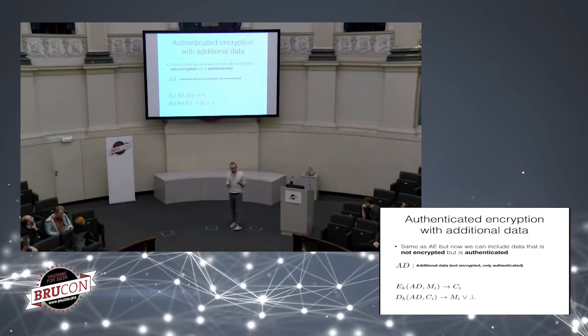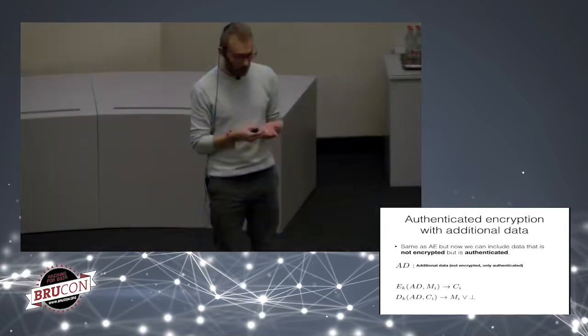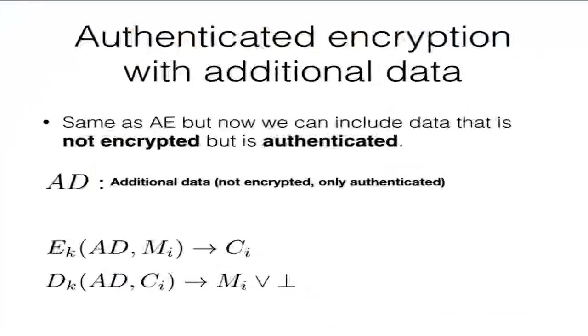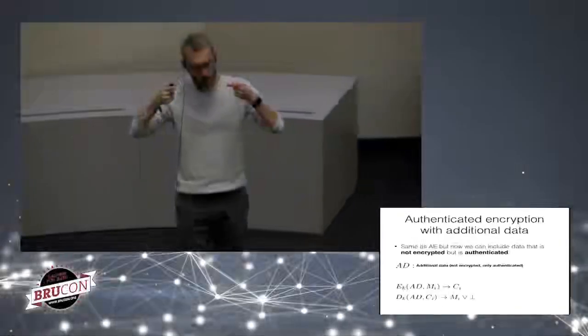Now we have an extension on that. People have used it and seen, okay, it would be handy if you can somehow add this notion of additional data. As in, we're going to do the same as AE, but we can include data which is not encrypted. So using our AE, we will encrypt everything, and everything is also authenticated.